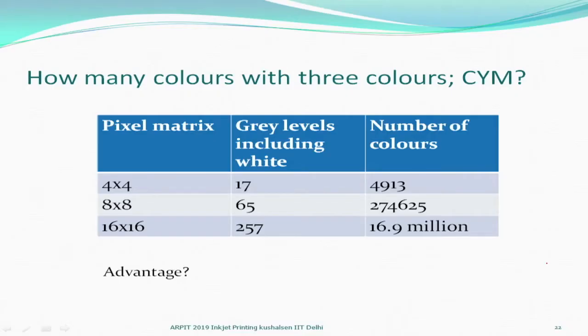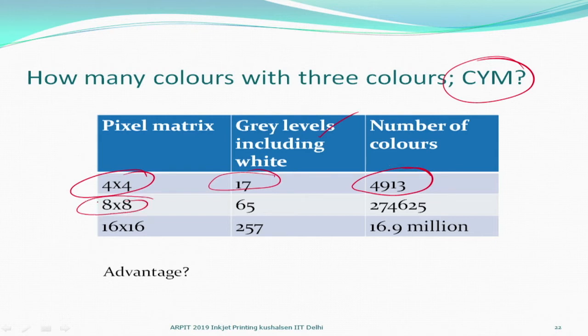For example, if you have a 4 by 4 matrix and only one possible color, then you can get 17 different shades. If you have 3 colors, let us say C, Y, M, then you can get so many shades by permutation combination.